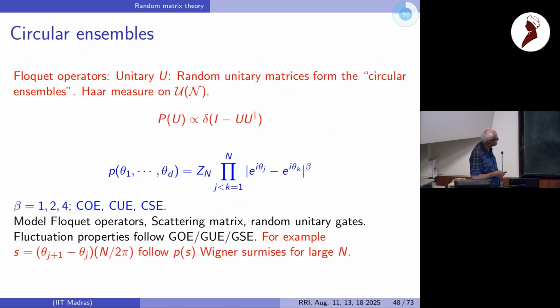But we have Floquet operators, we have unitaries, and therefore you can also define unitary ensembles. These are random unitary matrices from the so-called circular ensembles. Again, there are 3 main ones: circular orthogonal, unitary, and symplectic. The only constraint on a matrix U is that UU dagger is identity; you can think of this as giving you the probability distribution of the elements of that unitary matrix.